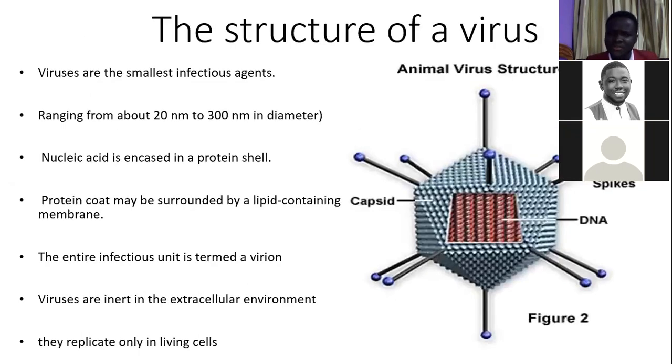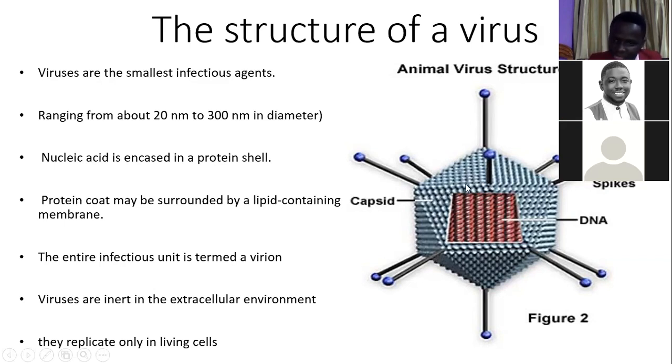Let us consider the structure of a virus. How are we able to see that this is actually a virus? A virus is an obligate intracellular pathogen that has an outer capsid, that's a protein coat, and an inner core of nucleic acids. Look at the cursor. The structure you see here is the capsid.